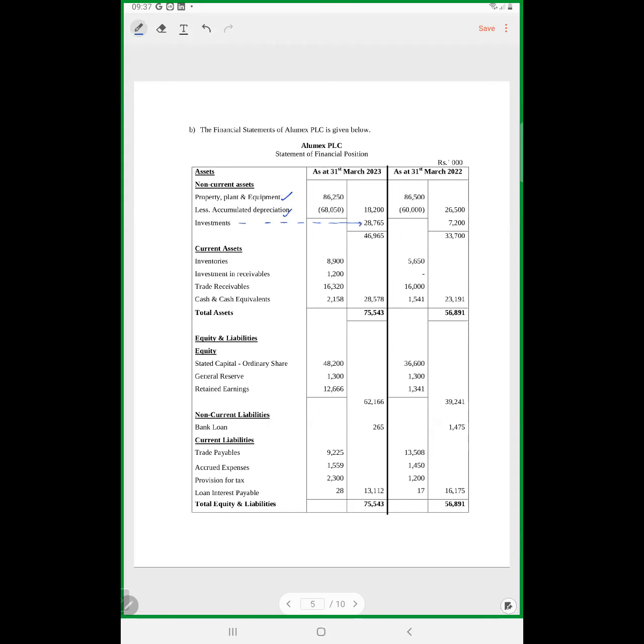Inventories, trade receivables, and cash and cash equivalents are given. Then after that, stated capital, general reserves, retained earnings, bank loans, trade payables, accrued expenses, provision for tax, loan interest payable, all the things are given.